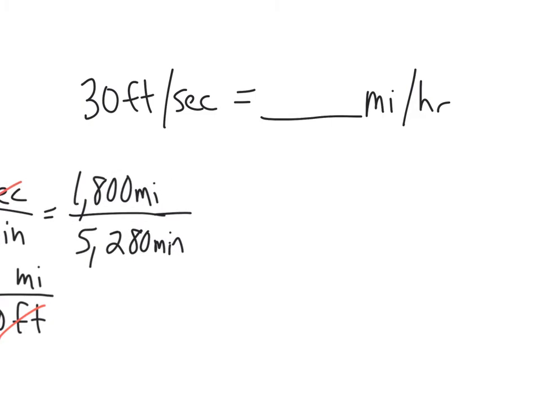We want miles per hour. So minutes needs to go in the numerator to cancel it. We're changing it to hours. 1 hour is equal to 60 minutes.